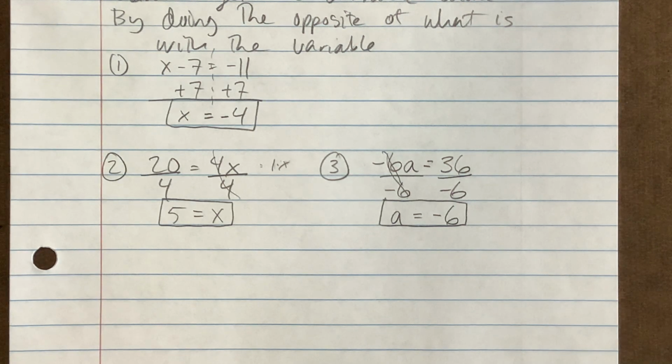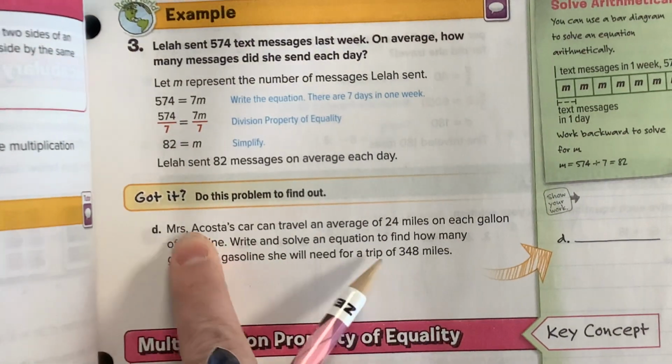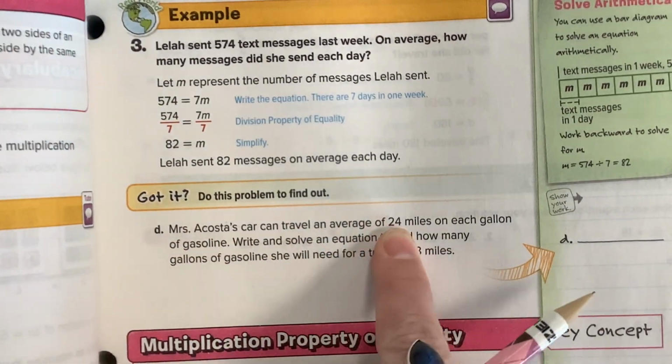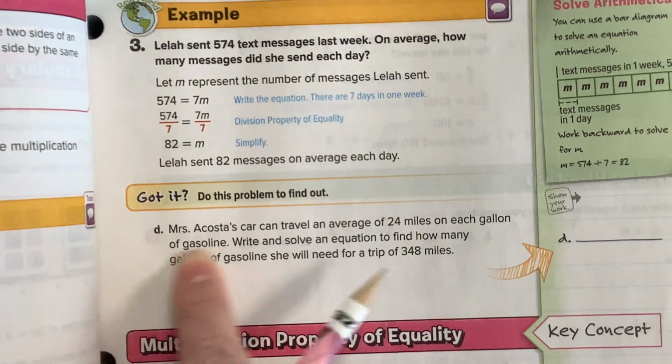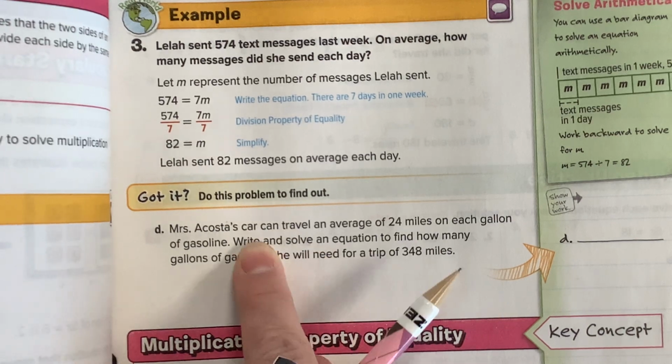All right, let's do a story problem relating to this situation. The story problem says, Mrs. Acosta's car can travel an average of 24 miles on each gallon of gas. So we're going 24 miles per gallon.